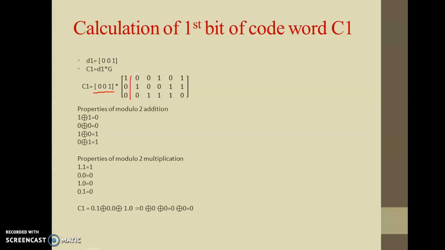The first bit of D1 is 0, multiplied by the first bit of the first column of the generator matrix, that is 1.